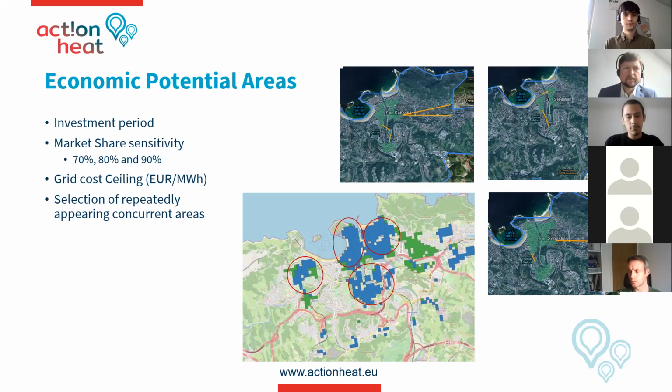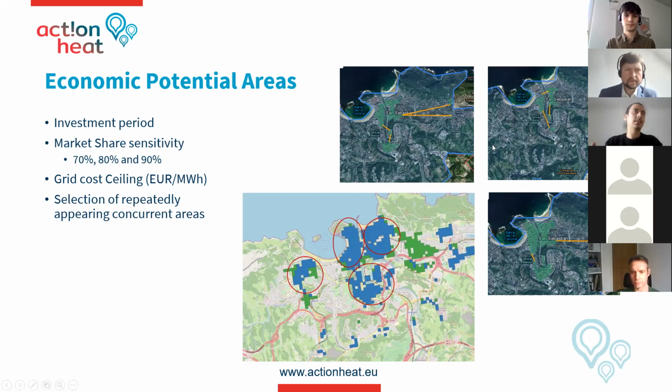For example, in these 3 figures here, I hope you can see my cursor, I provide this sensitivity for the renovation 1% scenario, and we can see that Hotmaps identifies these potential areas as feasible for potential district heating implementation. But again, the market share determines what area coverage is actually truly feasible.